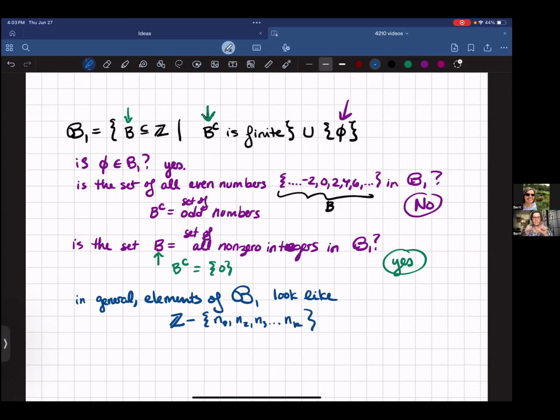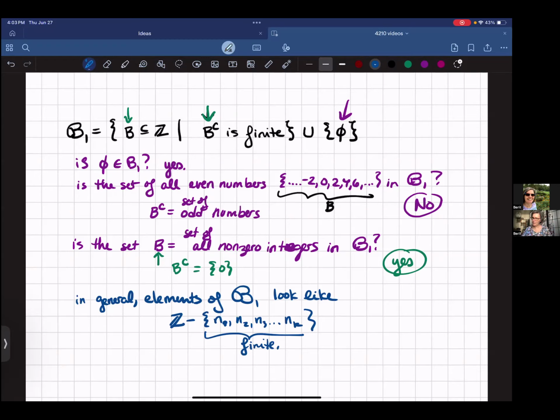So Z with just a finite number of things taken away. Like in the second example, the one thing that was taken away was 0. Here, maybe we could take away 1, 3, and 5. Then that would be in fancy B.